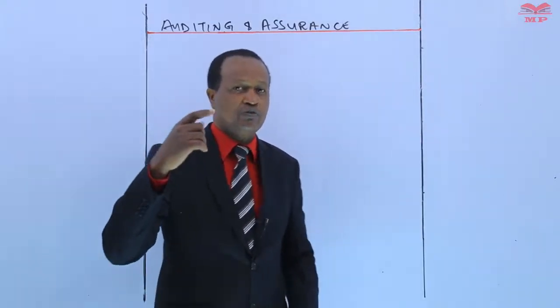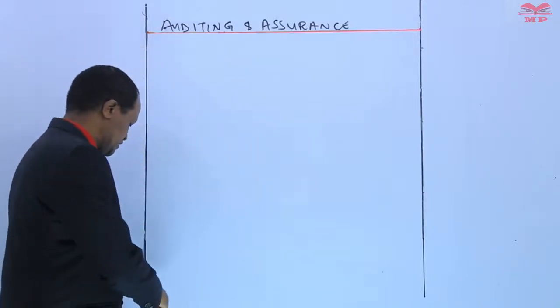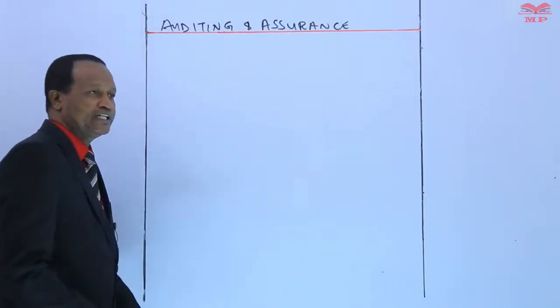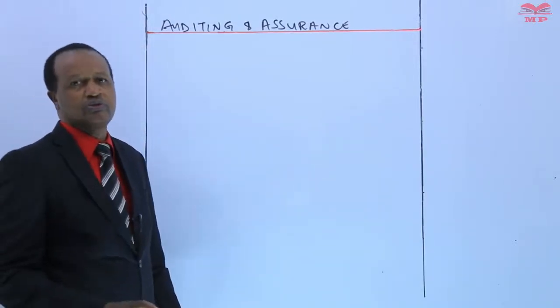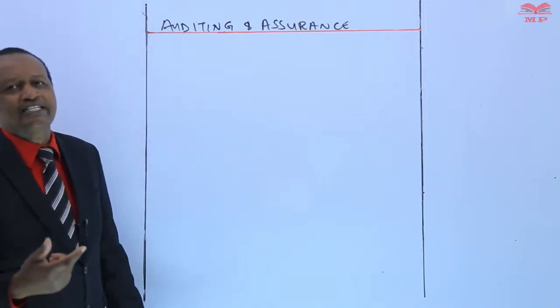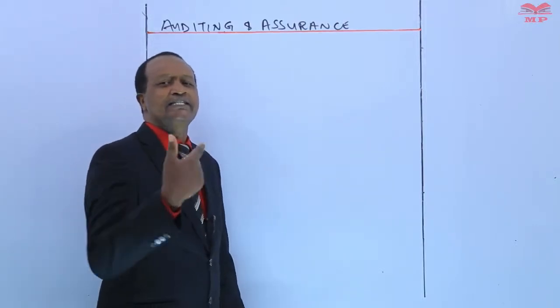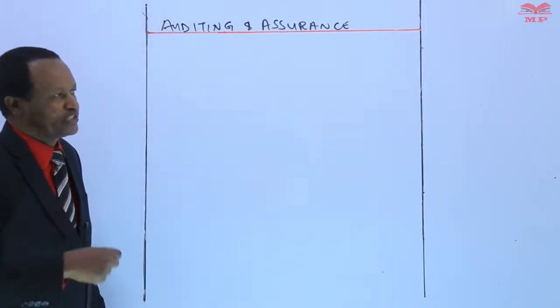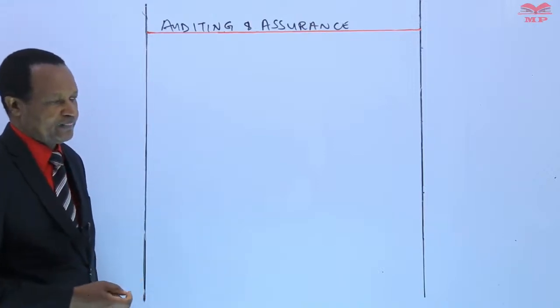That's the meaning of auditing. It is a systematic and independent examination of an organization's financial records.